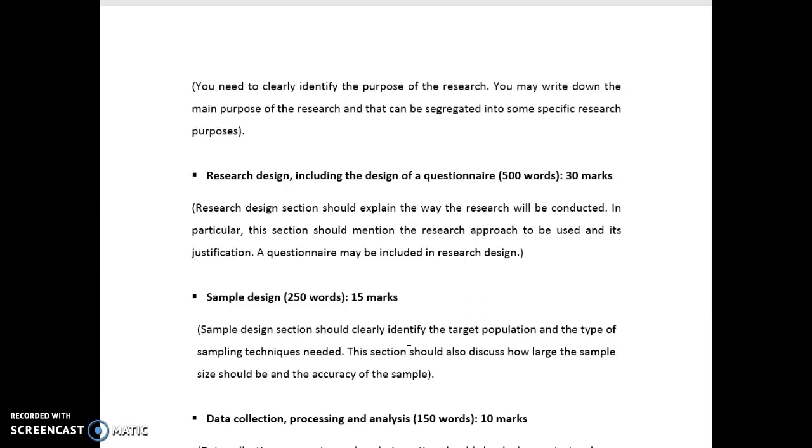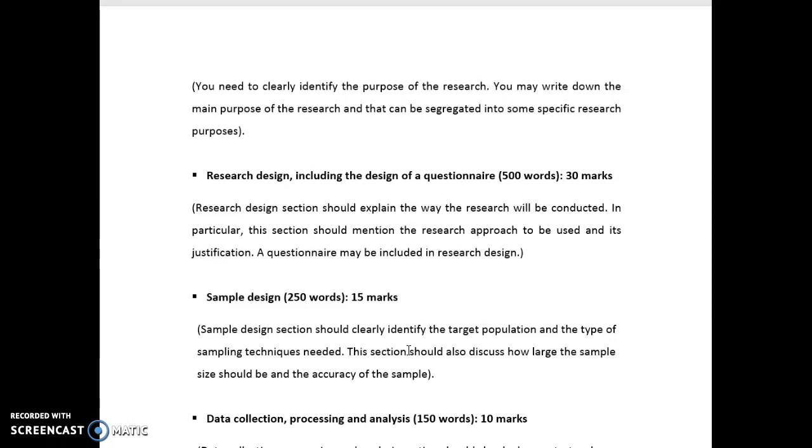And in your questionnaire, what type of question will you be using, like open-ended questions or closed-ended questions, and why? Also try to justify why this particular type of question is best suited in this context. Okay, so that's in brief what you should write in your research design section.